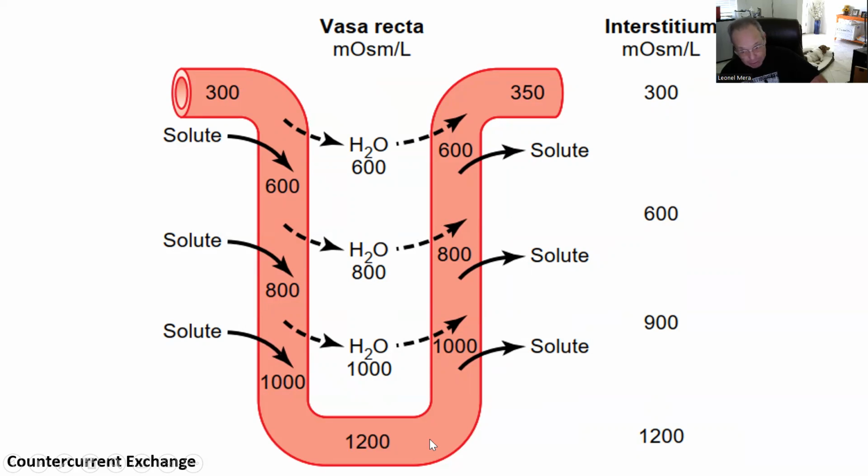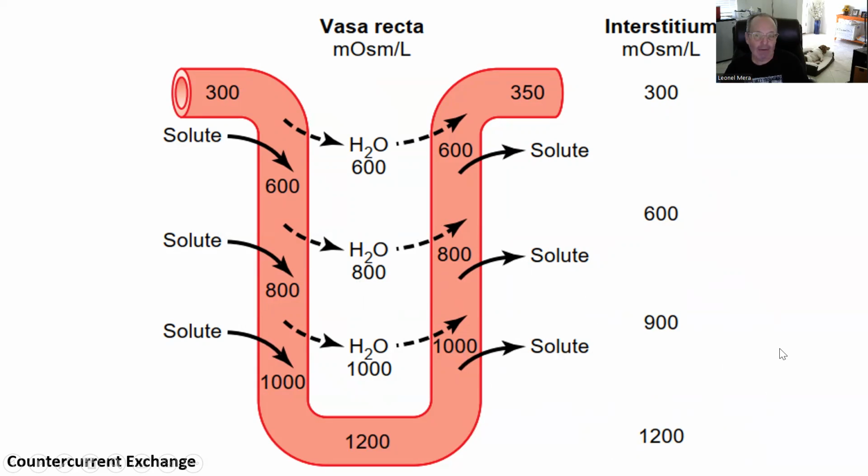Then you make a U-turn, just like the loop of Henle, and we're going to release solute, because again, we need to keep the high osmolarity lower in the medulla, and then we're going to reabsorb water, because again, we need to keep this hyperosmolarity in this area.